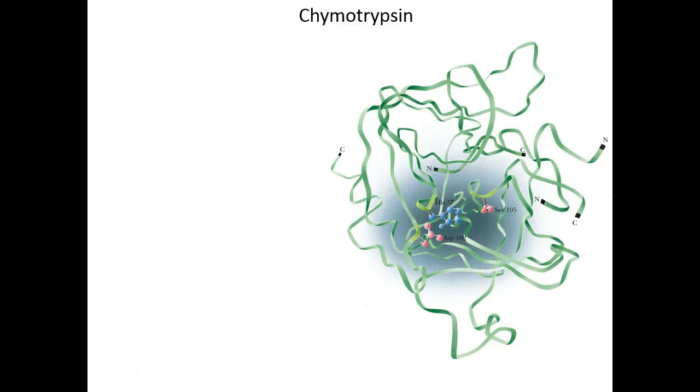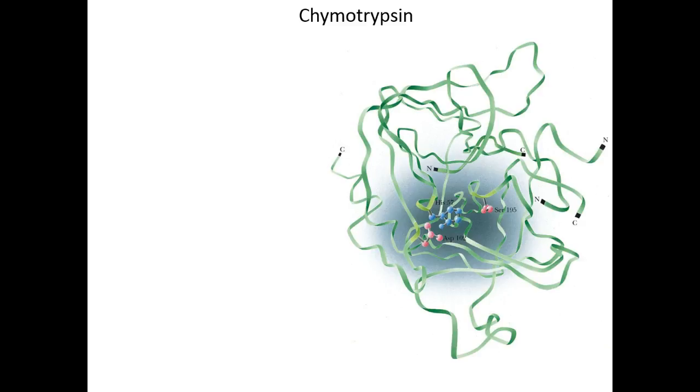Take a moment to appreciate the incredibleness of what we're looking at here. We're looking at a rendering of the true three-dimensional shape of chymotrypsin. This is what chymotrypsin looks like in real life. Most of the peptide backbone has been indicated by this green ribbon.